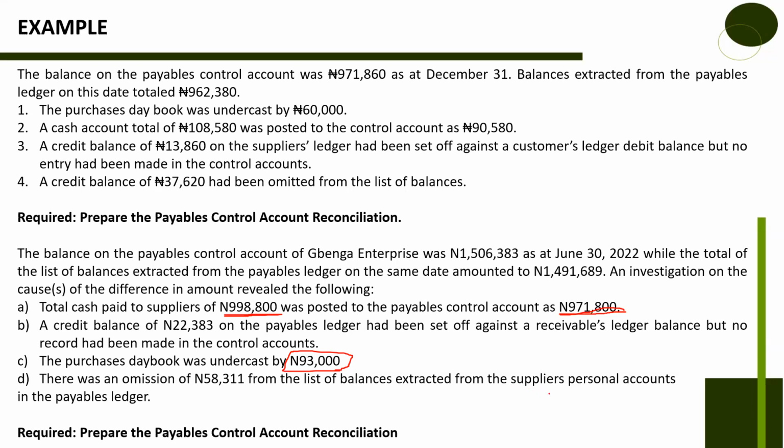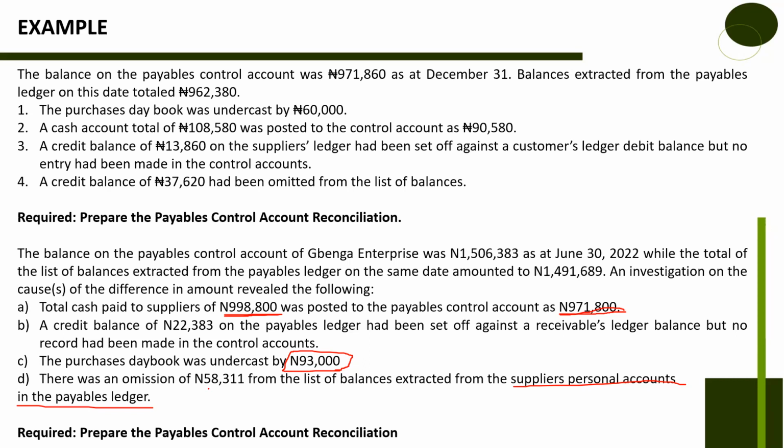Then the last one: there was an omission of 58,311 from the list of balances extracted from the supplier's personal accounts in the payables ledger. So where are we doing this last adjustment from? The personal accounts or the control account? The control account. Look at it very well.